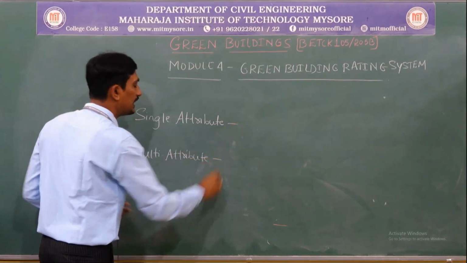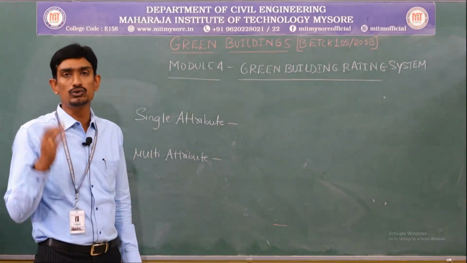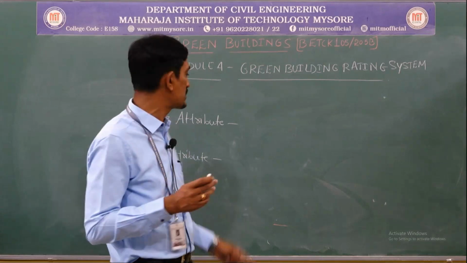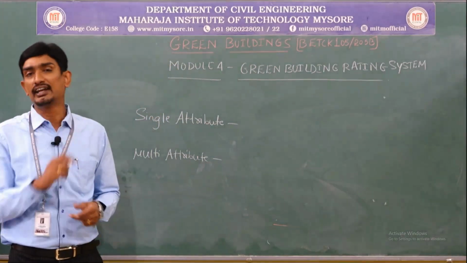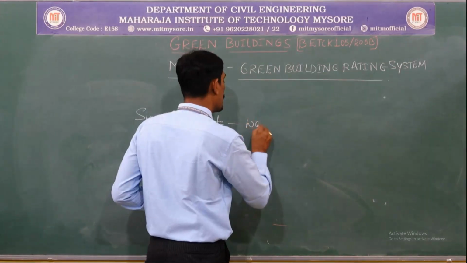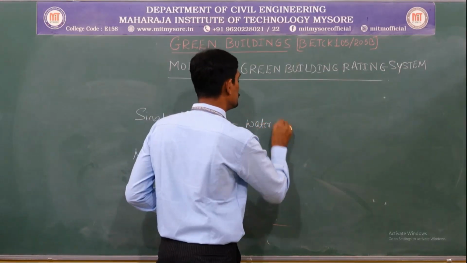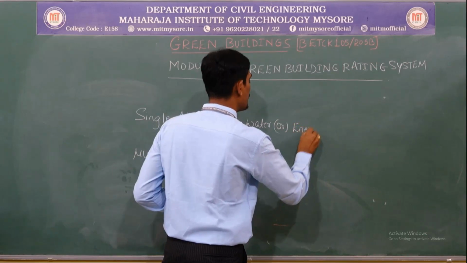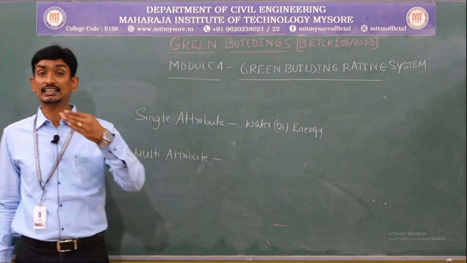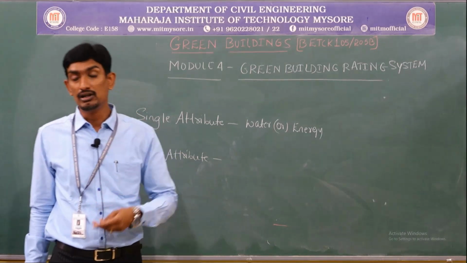What is a single attribute system? That means I am going to do the performance evaluation or certification of a green building based upon one attribute. That one attribute is water or energy, any one. That is water efficiency or energy efficiency. That is what single attribute means. That is assessment levels.